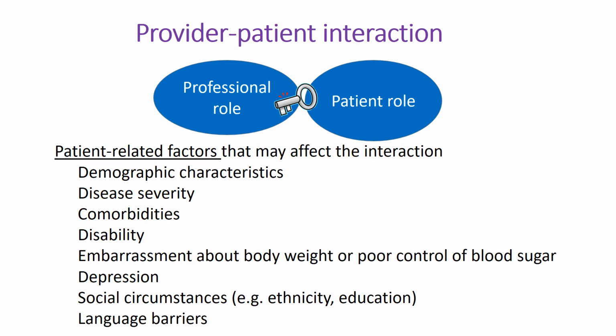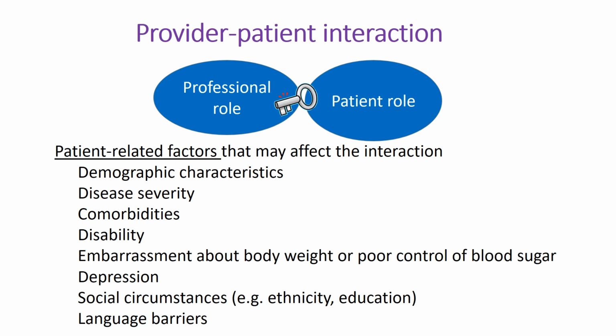The interaction between the provider and the patient is the interaction between the professional role and the patient role. Both of these roles are distinct, and both of these individuals have particular values and preferences. Patient-related factors may affect this interaction.